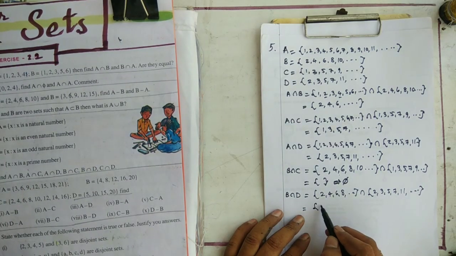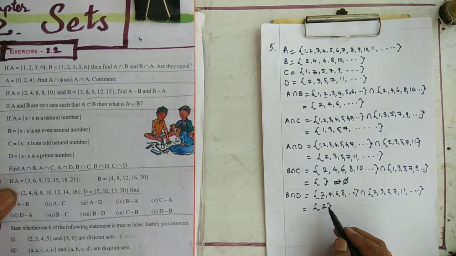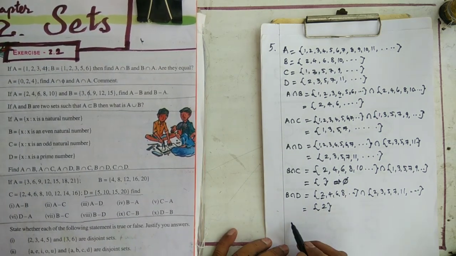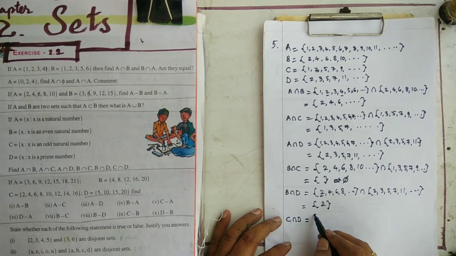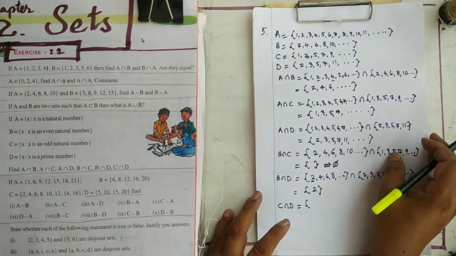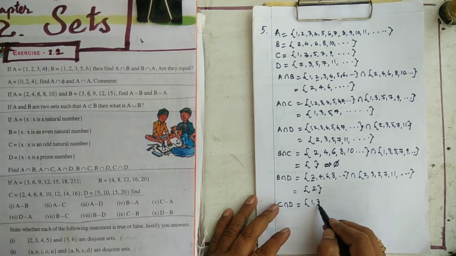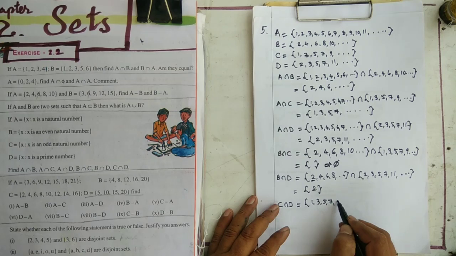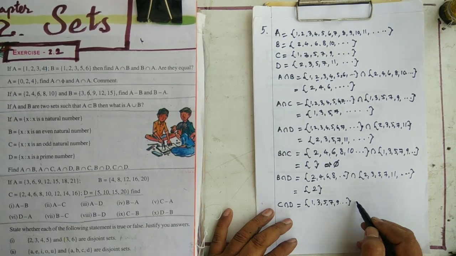Only one common element, that is 2. Next, C intersection D. C is the set of odd numbers 1 3 5 7 and so on.